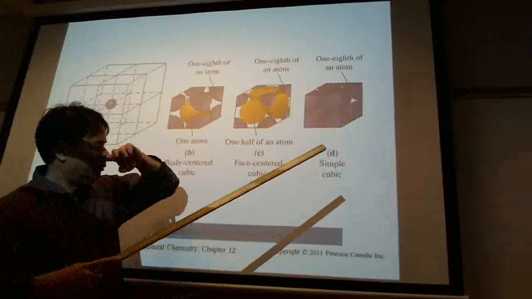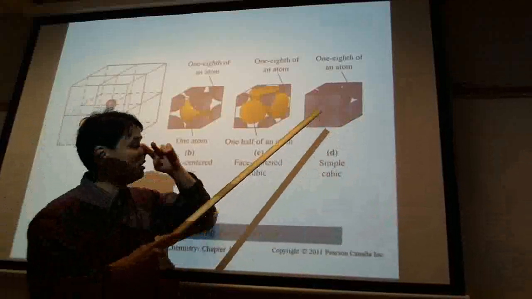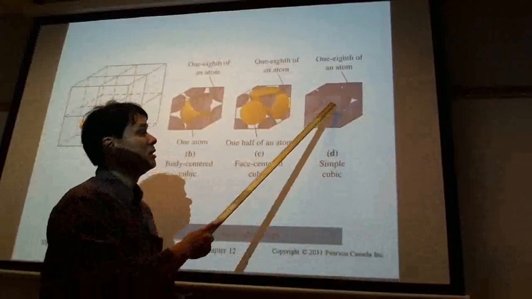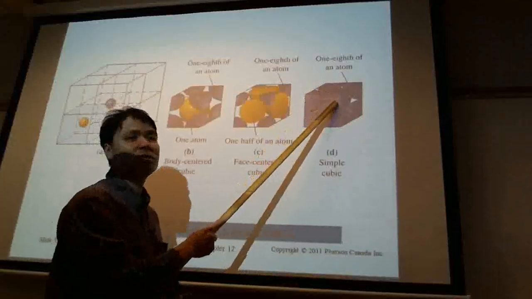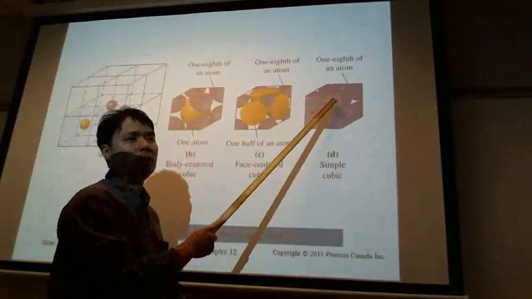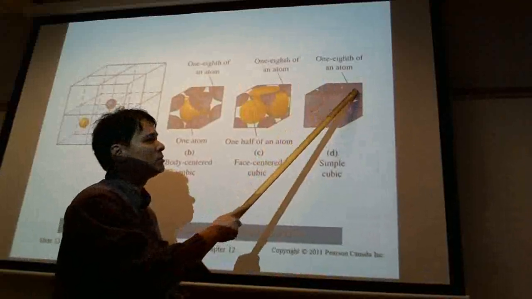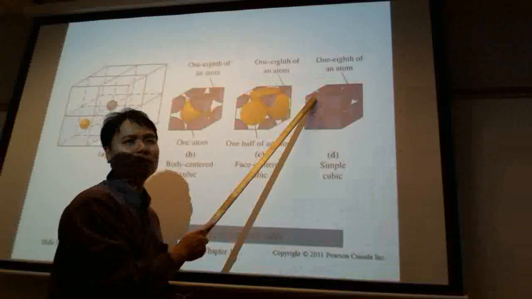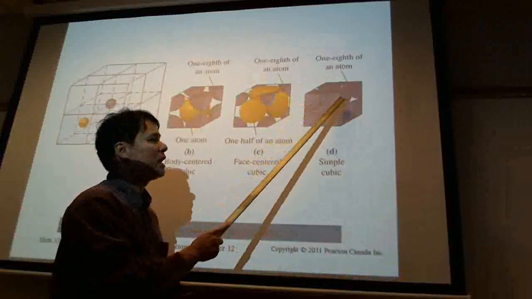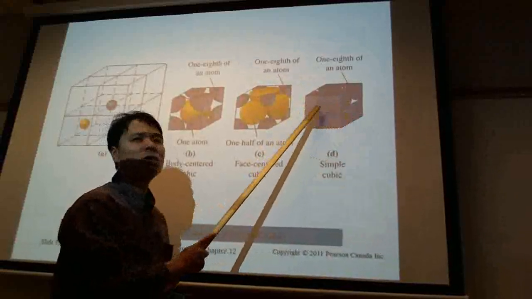One of the things we can calculate when we're looking at this is how many complete atoms are inside this cube. If we have 8 corners, and at each corner there's only 1/8 of an atom, then we can add up all the corner wedges and get one whole atom.